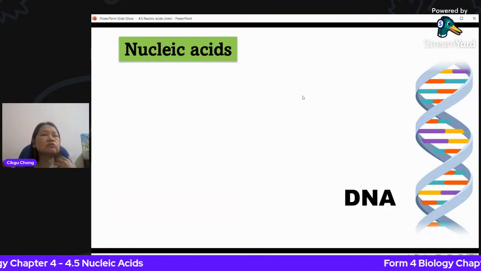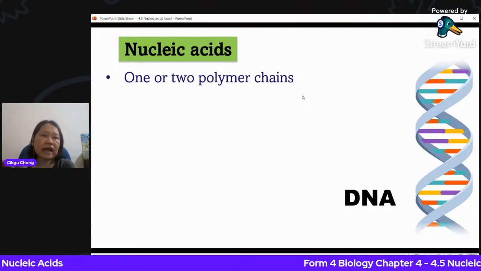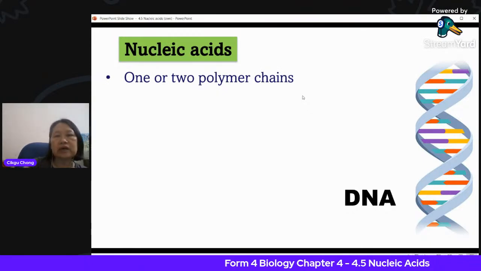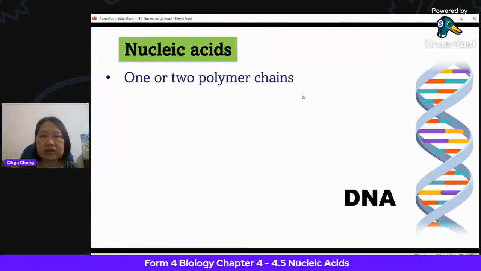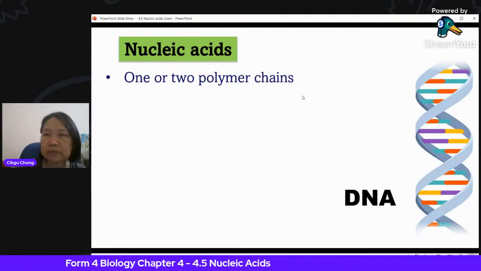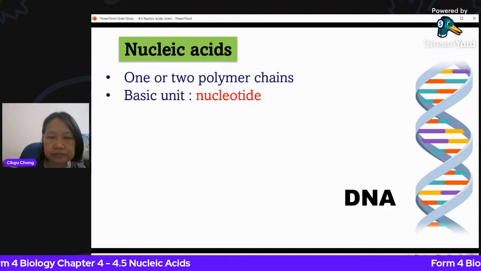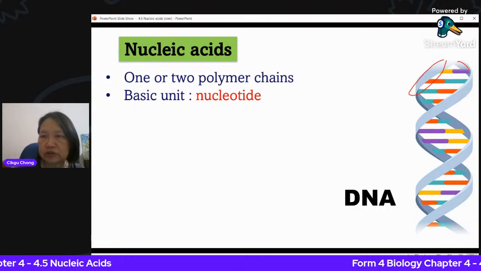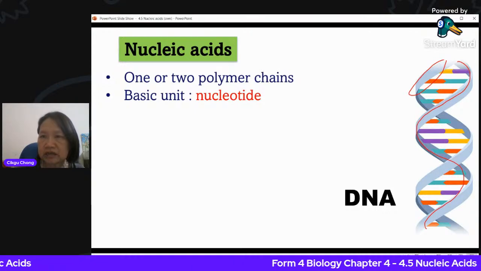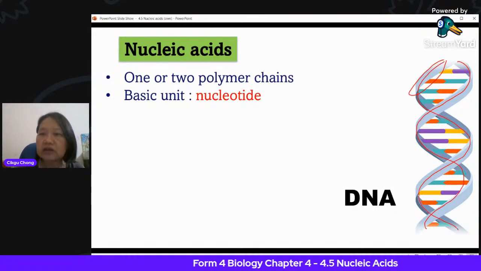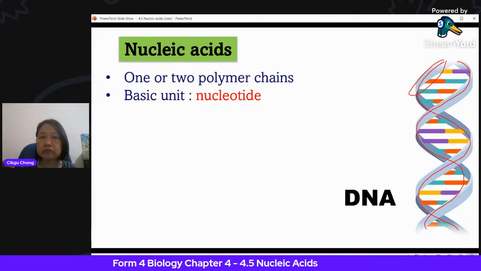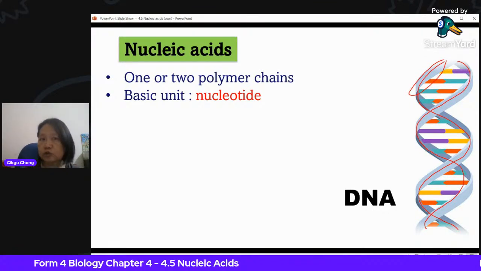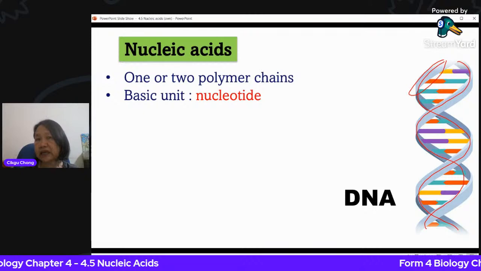Let's look at what nucleic acid is. Nucleic acid is formed from a polymer chain. What you see here is the polymer chain. You see two chains here, and they are intertwined. So it can be one or it can be two. If you see two polymer chains, this is DNA.